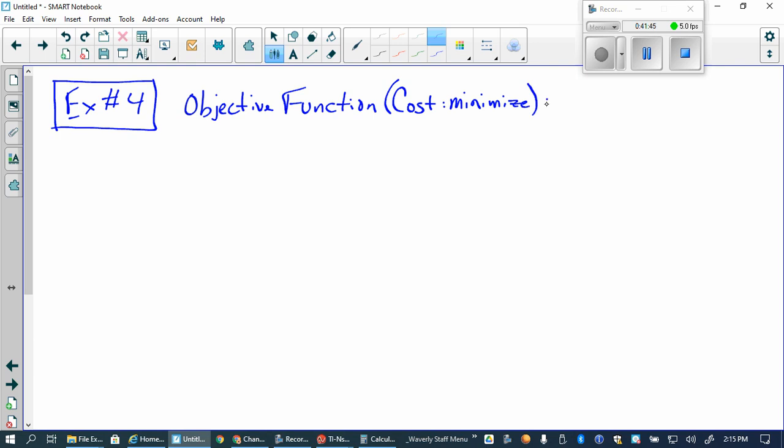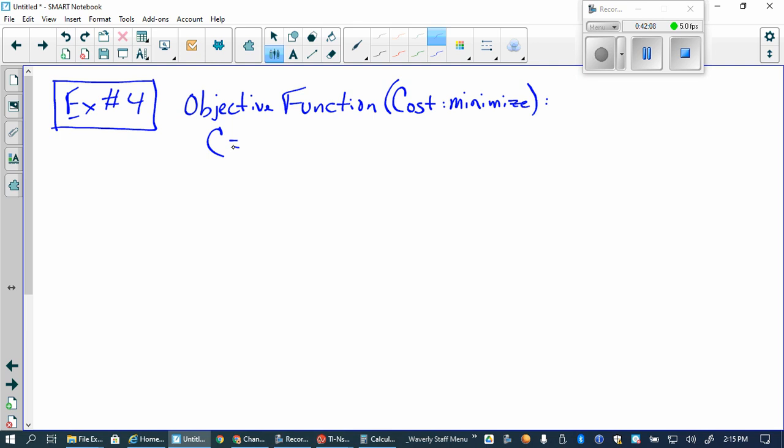I don't want to use X and Y. Cost equals what? For both of them, and we add it together. So let's use H for the hot one and C for the cold one.